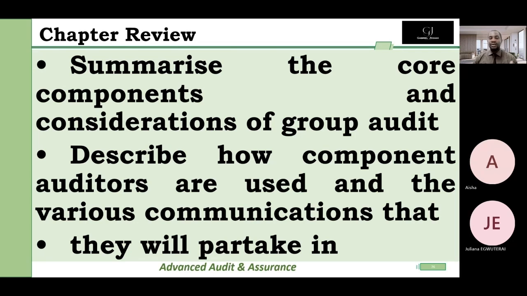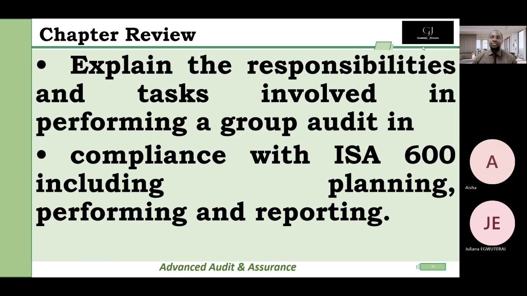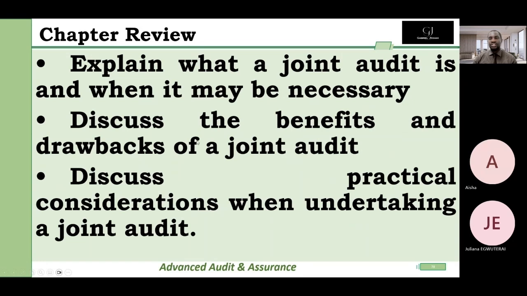We've also described how component auditors are used and how they synergize with the group auditors, how they communicate, and how they partake. We also explained the responsibilities and tasks involved in performing a group audit. Also, compliance with ISA 600, including planning, performing, reporting, and the general work entailed in group audits, we've explained in this short time.